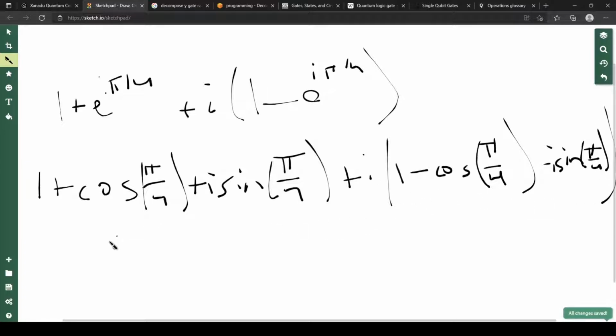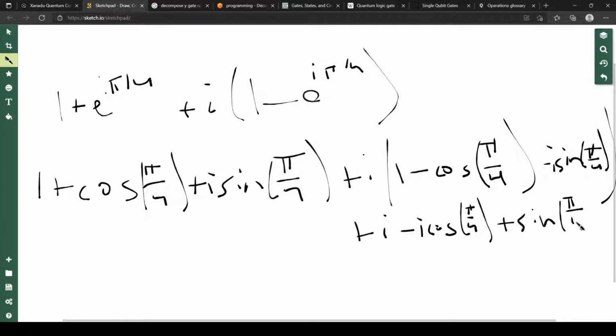Distribute the i, so over here we have plus i minus i cosine pi over 4 plus, because i times i is -1, plus sine of pi over 4.